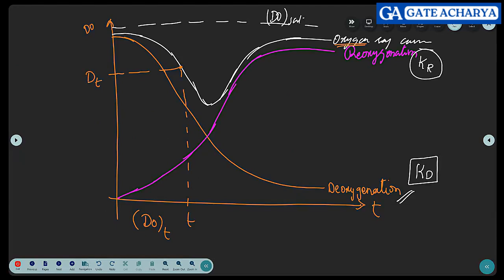The DO at any time t is saturation DO minus Dt.